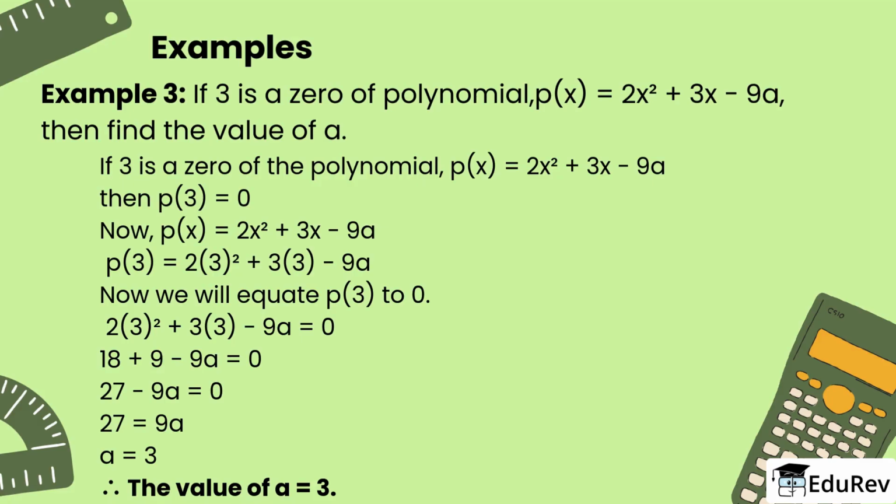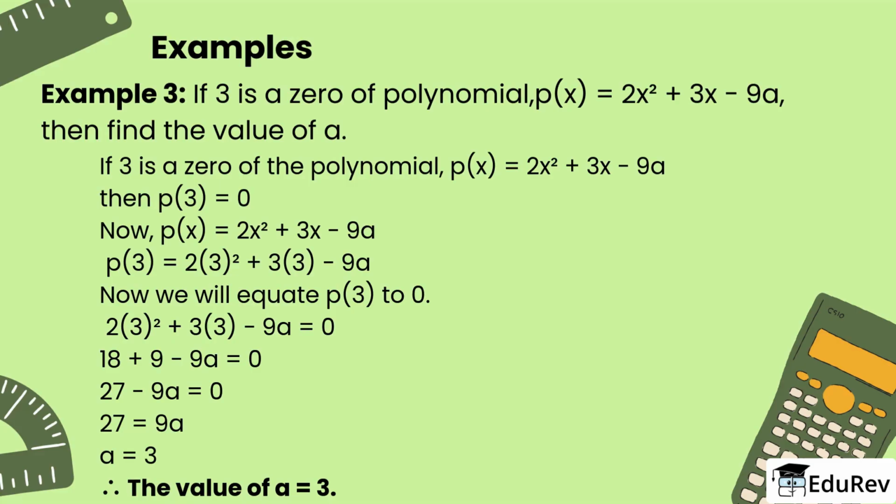Now p of x equals 2x square plus 3x minus 9a. Substituting x as 3, we get p of 3 equals 2 times 3 square plus 3 times 3 minus 9a.